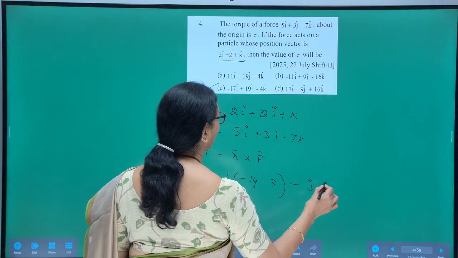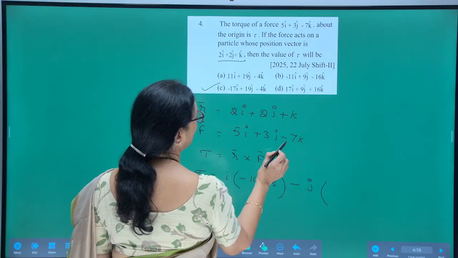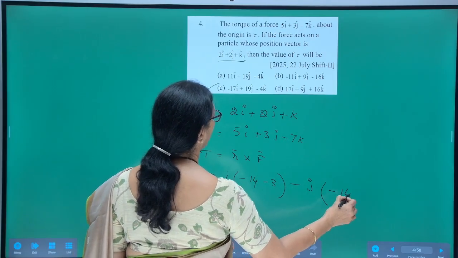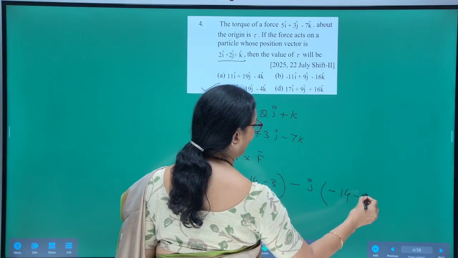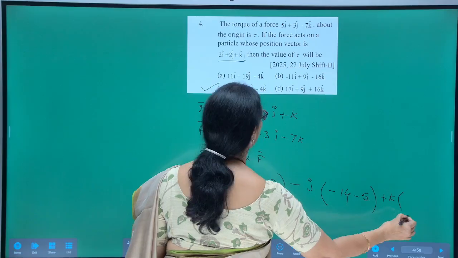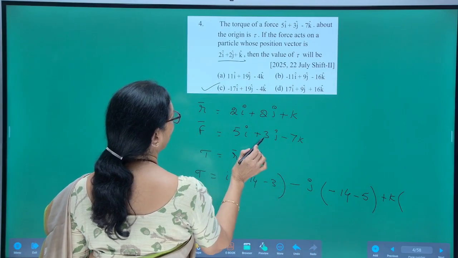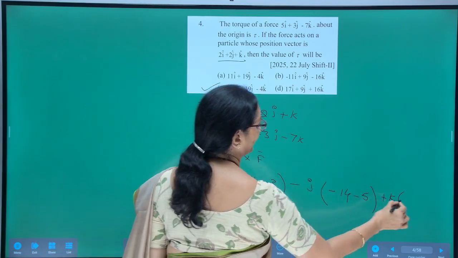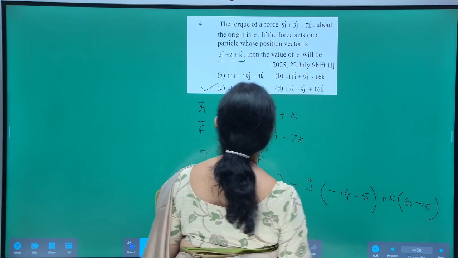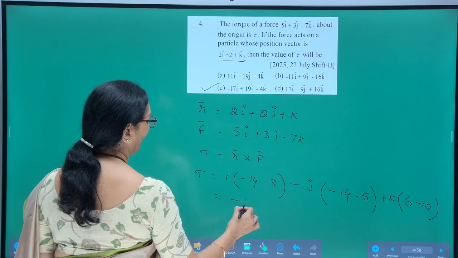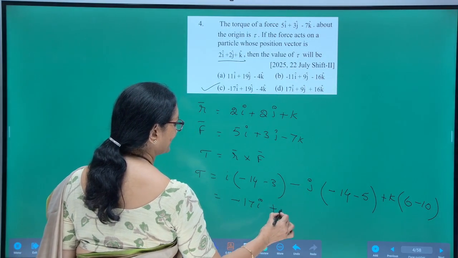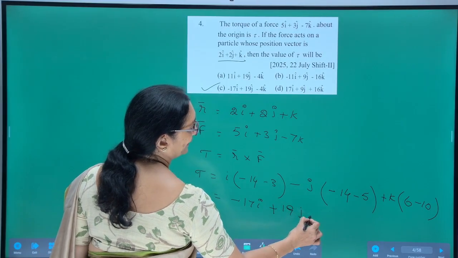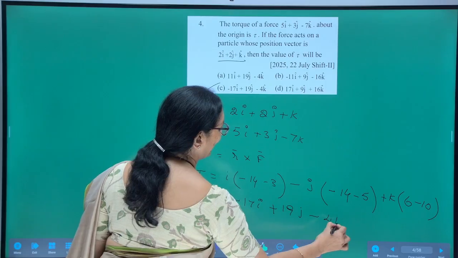Minus j bar into 2 sevens are minus 14 minus 5, plus k bar into 2 3s are 6 minus 10. So, this is minus 17i, minus of minus becomes plus 19j minus 4k bar.